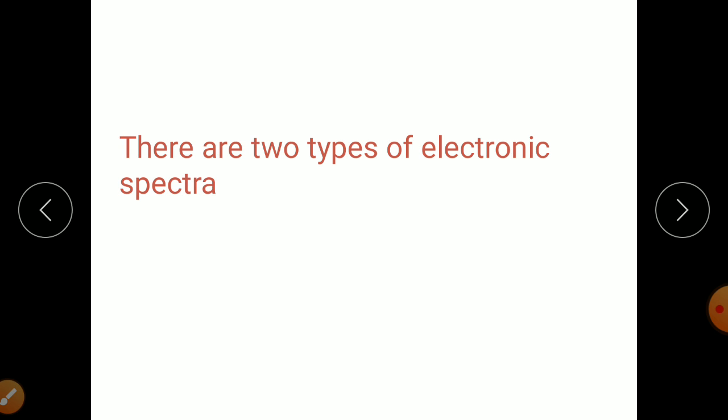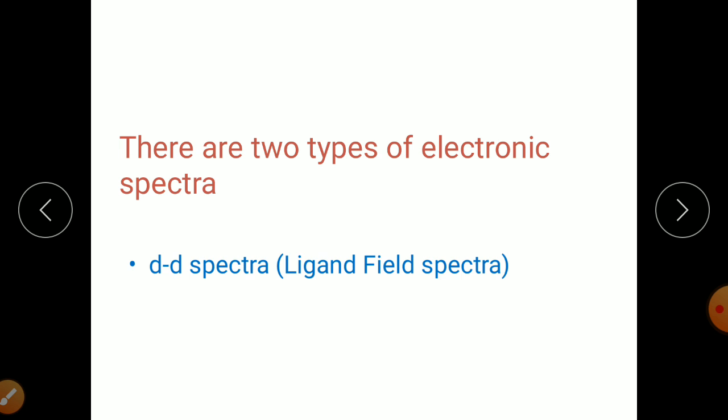There are two types of electronic spectra. One is the d-d spectra or d-d transition spectra, and another one is charge transfer spectra. First of all, the d-d transition means the electron moves from a lower d energy level to a higher d energy level.